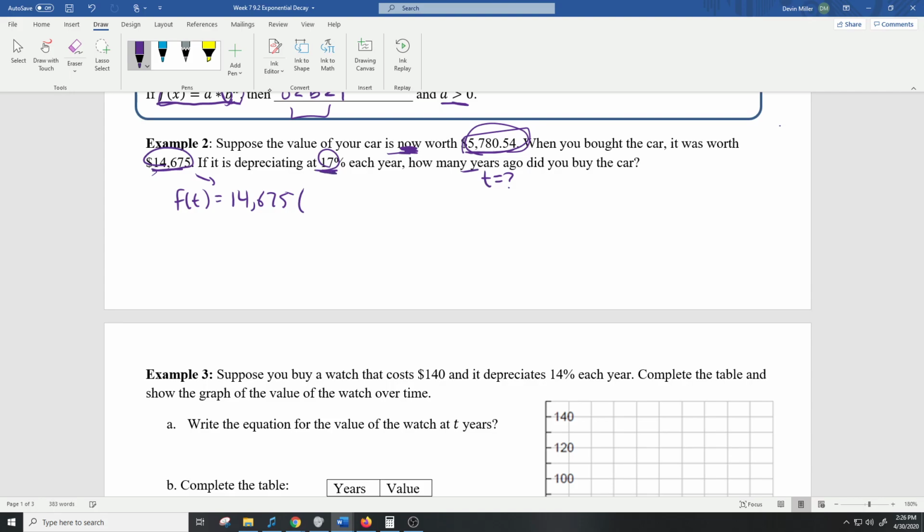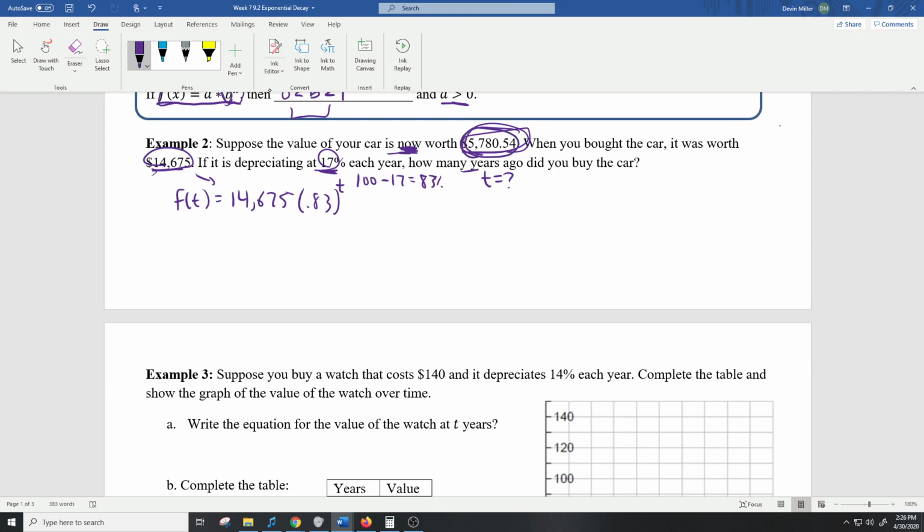We don't put 17 in there. We don't put 0.17. We have to go off this side and do 100% minus 17, which is 83%. We'll change it to a decimal, so 0.83, and then raise that to the t power. We don't know the years. The only other thing we know is how much it's currently worth, the 5,780.